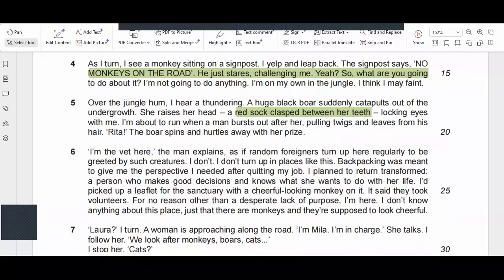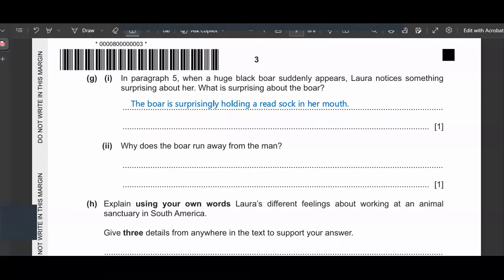So the reason which made the boar run away from the man can be that the boar is in a sort of playing mode. In the situation that has been given over here, first the boar appeared in the scene and then the man, so that means that the man was chasing the boar.